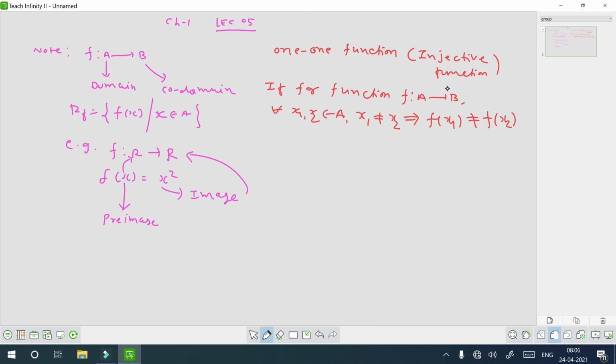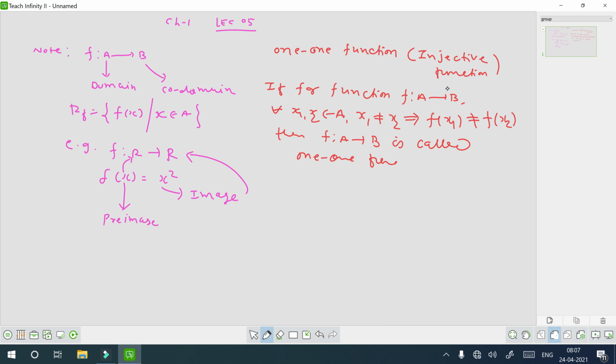Distinct pair of points from the domain have distinct images. And then f from A to B is called a 1-1 function.